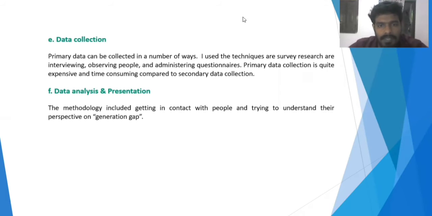Secondary data can be collected in a number of ways. The techniques I use are collection of information from internet, public libraries, commercial information sources and education institutions. From the primary survey, an approach was taken.